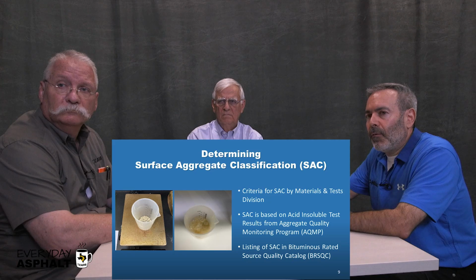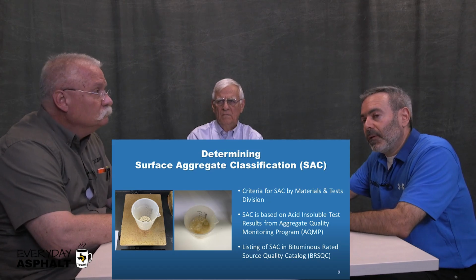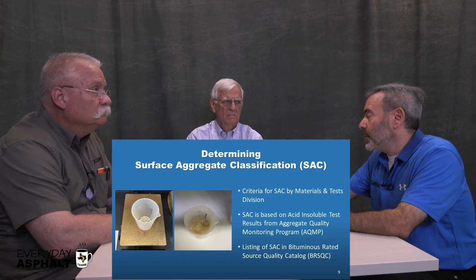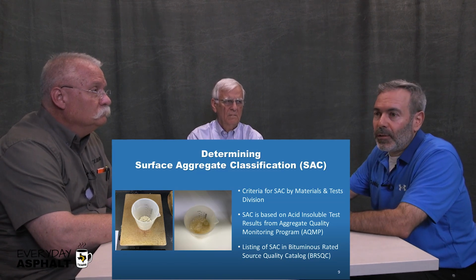Based upon those test results, that's how the SAC is determined and listed in the Bituminous Rated Source Quality Catalog. So in general, if it's a limestone, it won't meet SAC A. Predominantly, most of it will be soluble and dissolve with that hydrochloric acid.